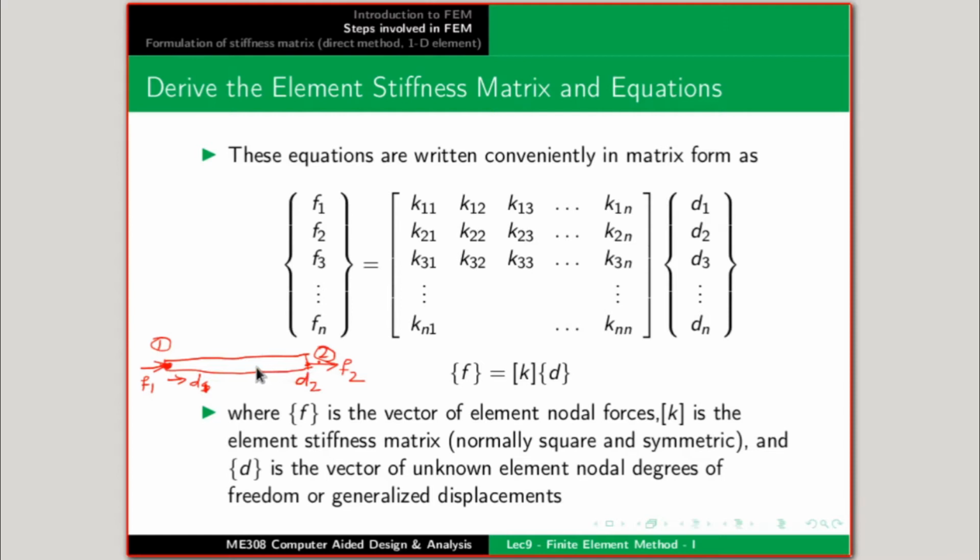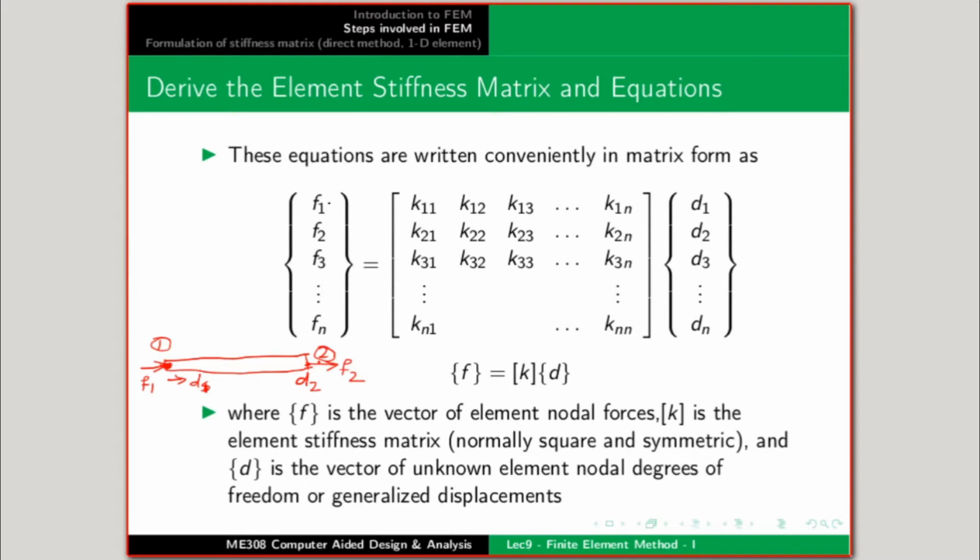In that case, F and D will be 2 by 1 matrices. We have only two nodes, so F3, F4, up to Fn, all those terms will be 0 because we only have F1 and F2. Similarly, on the right hand side, we only have D1 and D2.